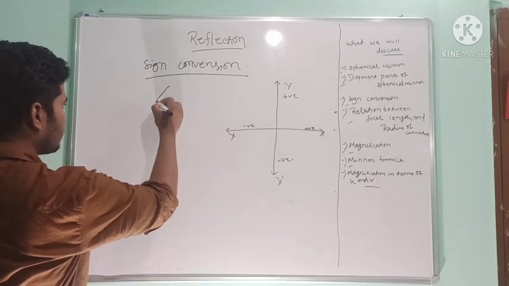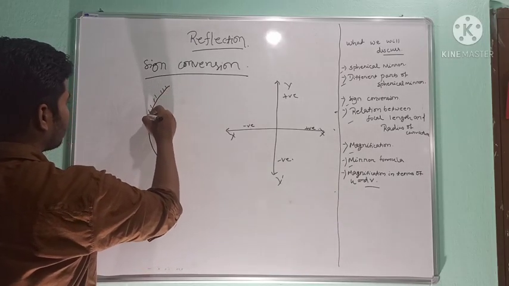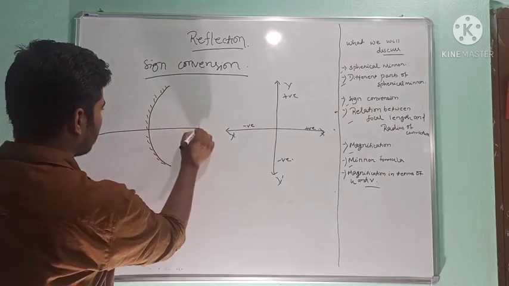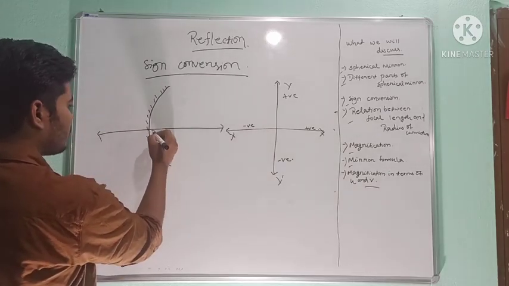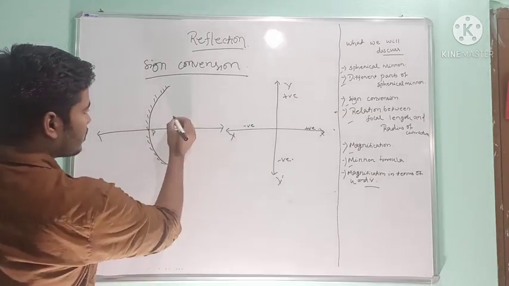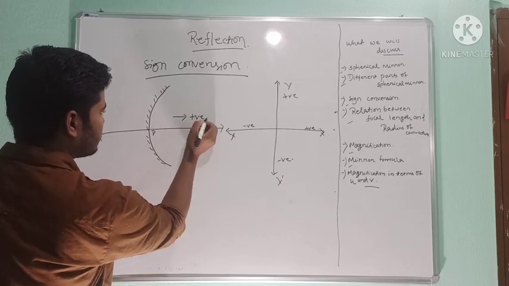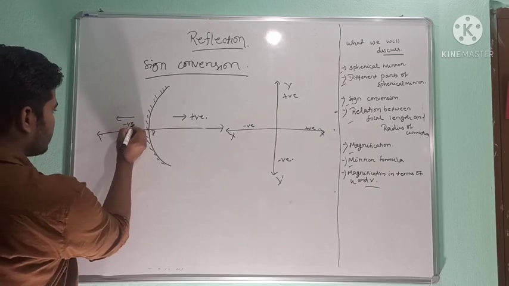If this is a concave mirror, then this is the pole. This right side is termed as positive sign. This left side is negative sign.